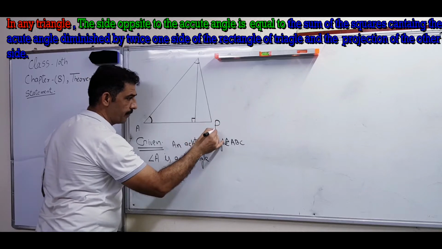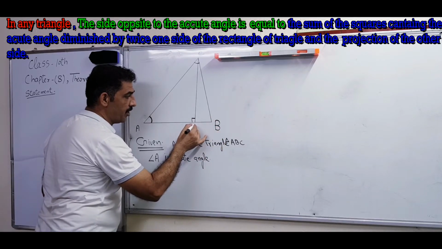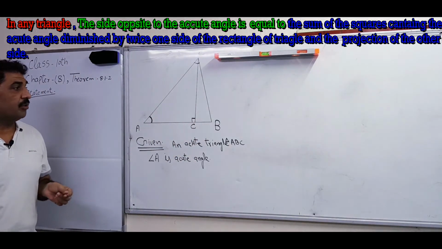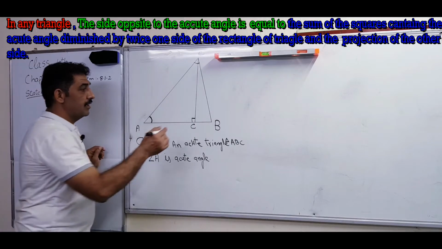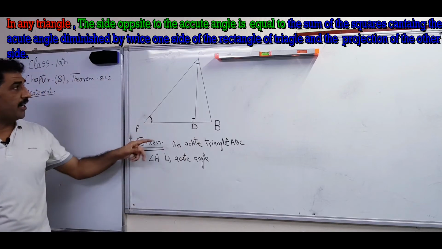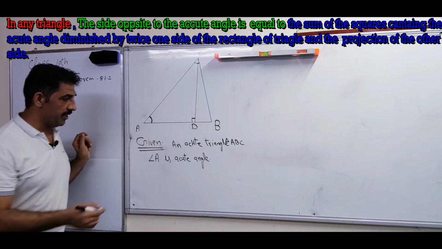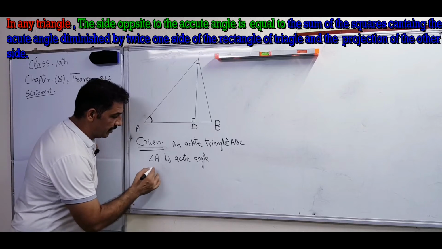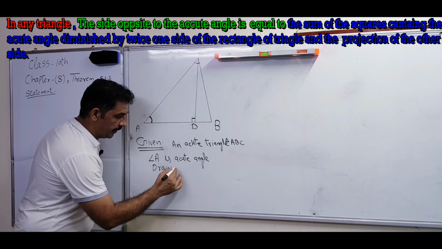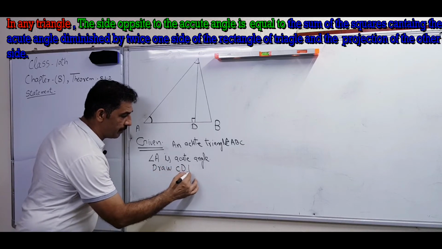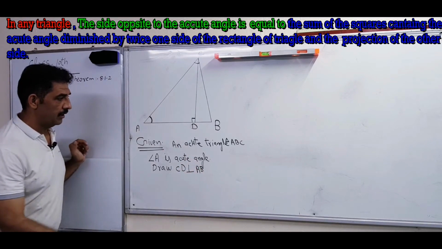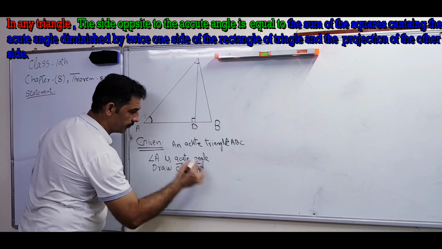Draw perpendicular CD on AB. That is also part of the given. Draw CD perpendicular on AB. Correct?